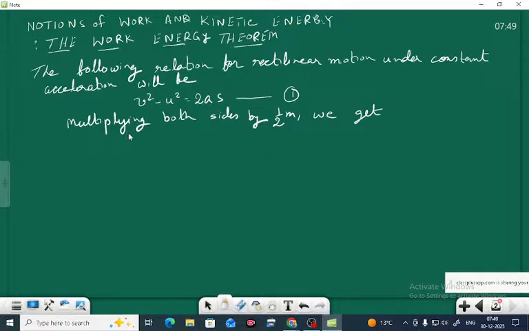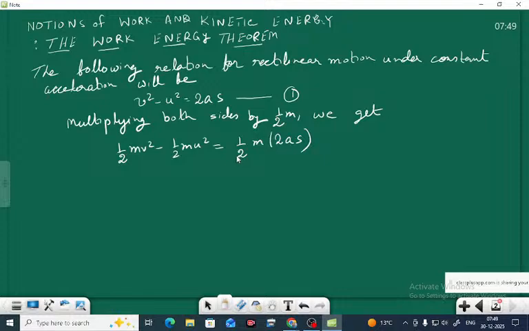You see here, we are getting half m v square minus half m u square is equal to half m into 2 into a into s, right?